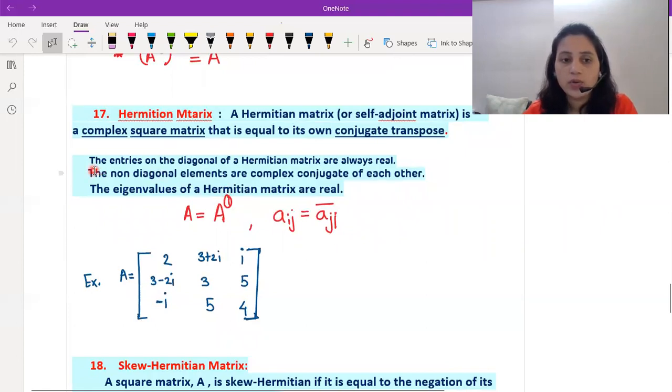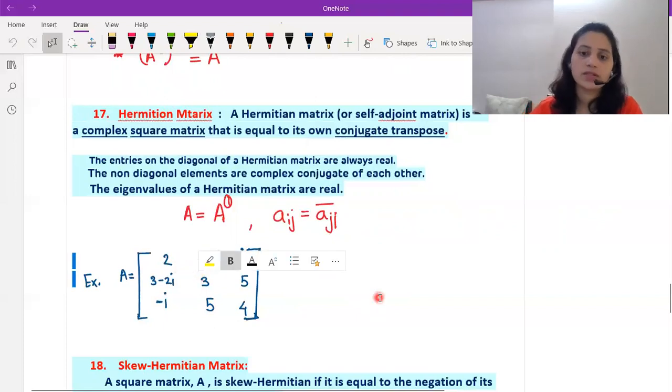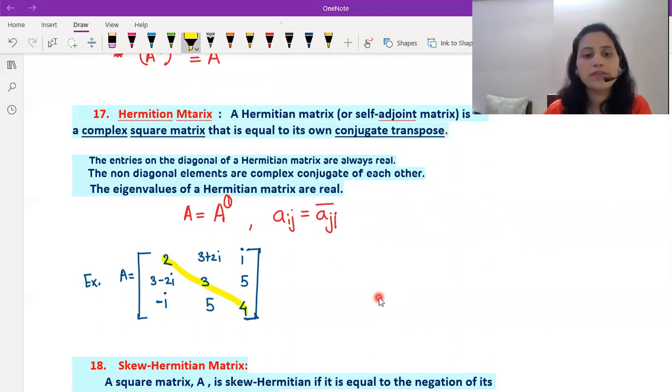Now what are the notes or points? First, the entries, or the elements, of the diagonal of a Hermitian matrix are always real. If you can see here, the diagonal elements 2, 4, 3 and 4 are real.